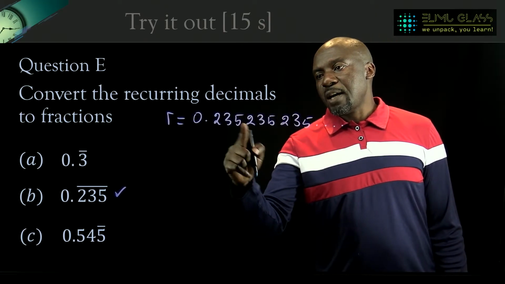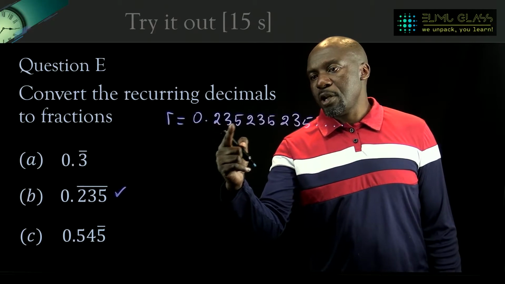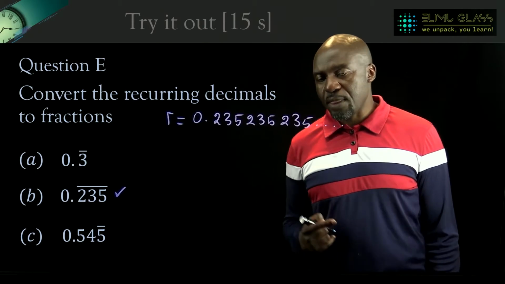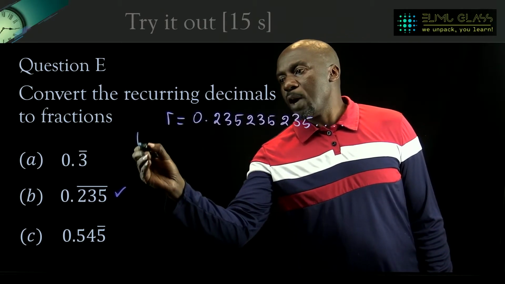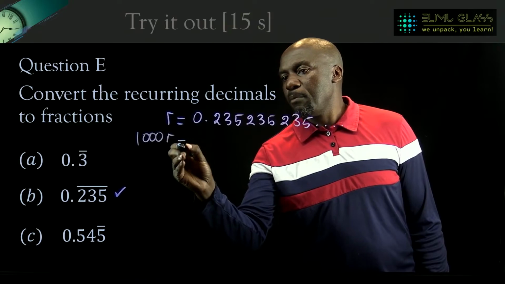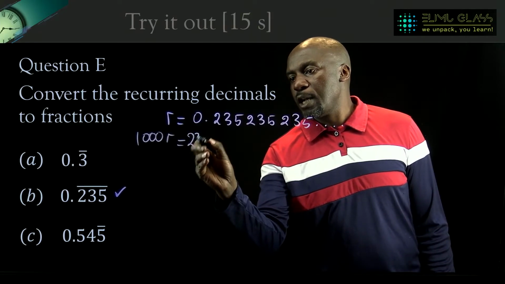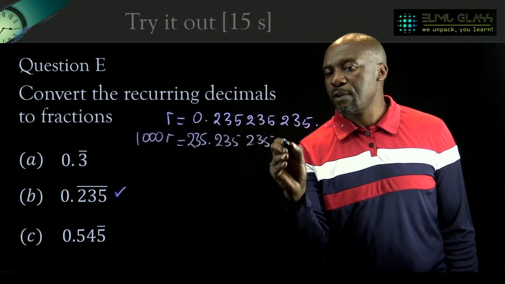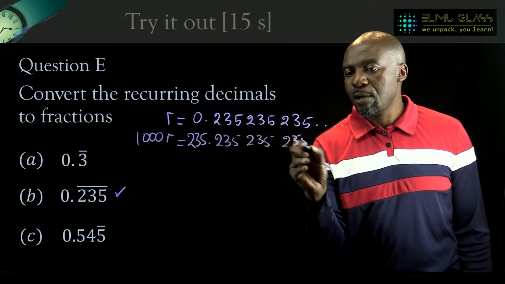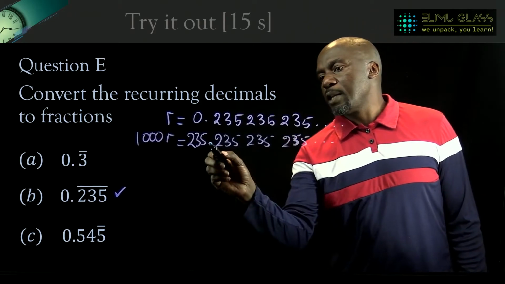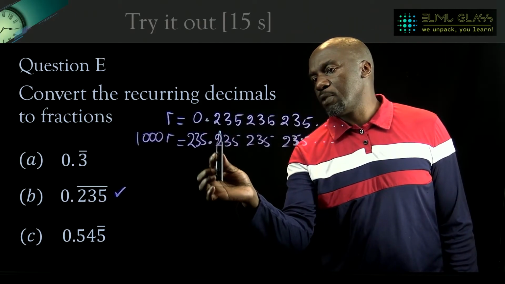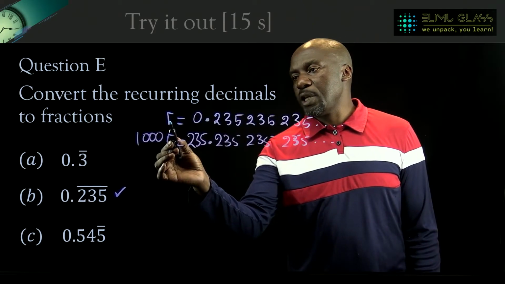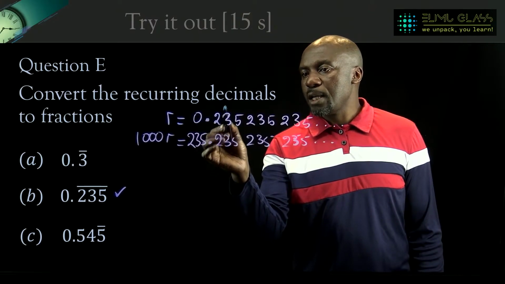If I'm going to have the same order 2, 3, 5 occurring behind the decimal, I need to multiply R by 1000. So 1000R must be equal to 235.235.235.235, like that. I want the order of the digits behind the decimal point to be the same, so I multiply R by 1000 and the decimal moves 1, 2, 3 steps.